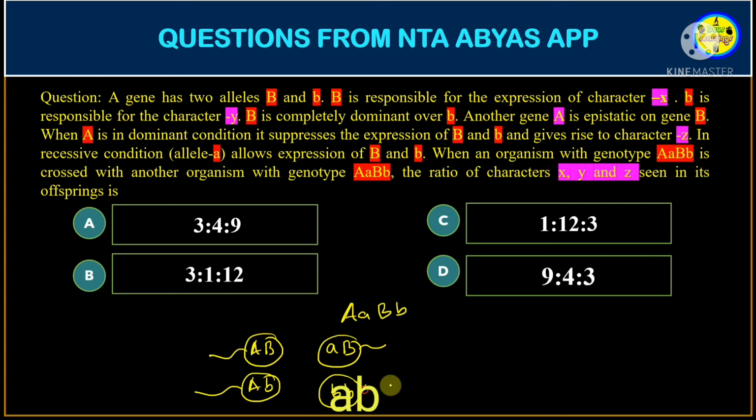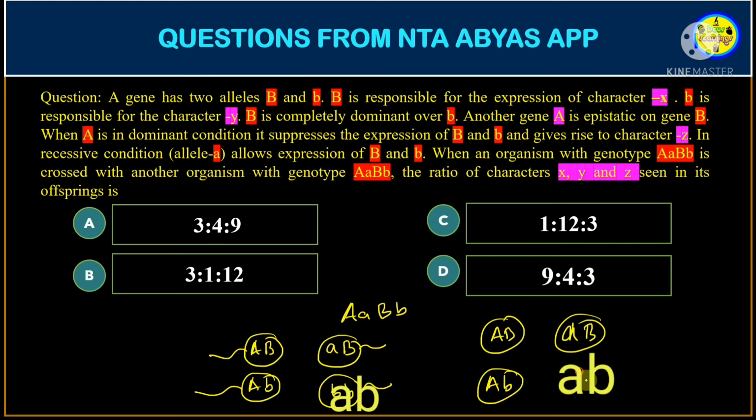Similar types of eggs can also be seen. So these are the eggs. If there's a cross between these sets of gametes, what could we expect?